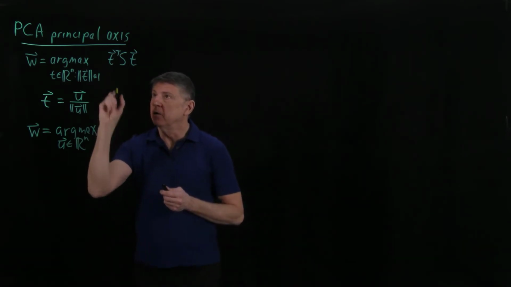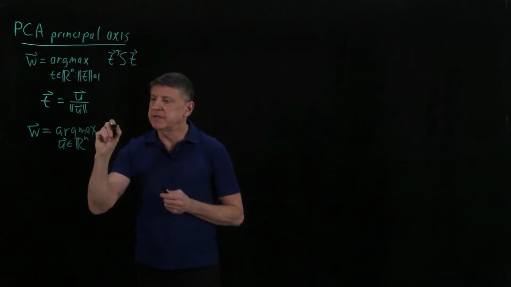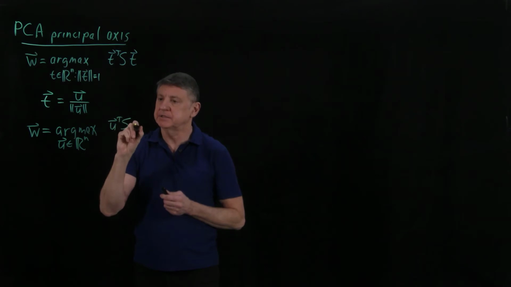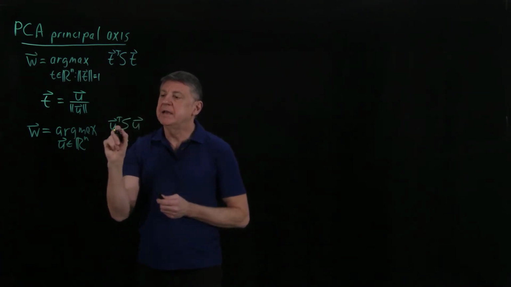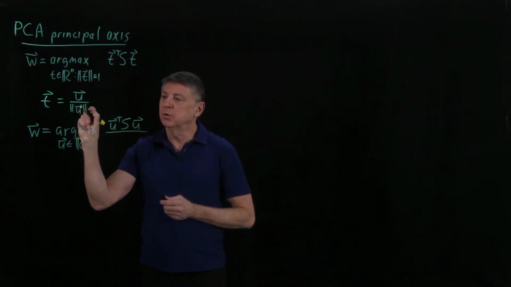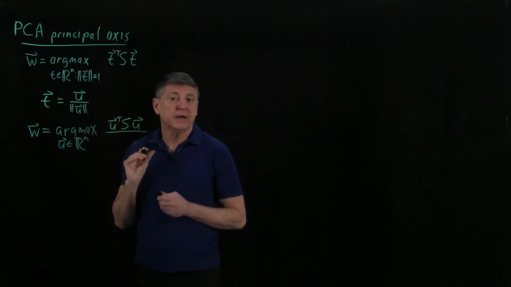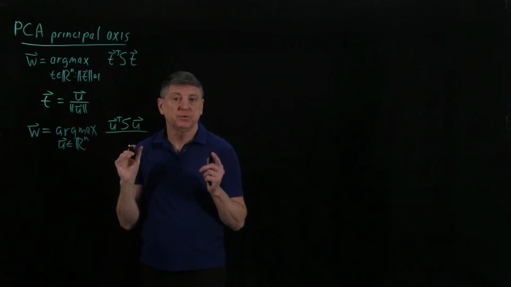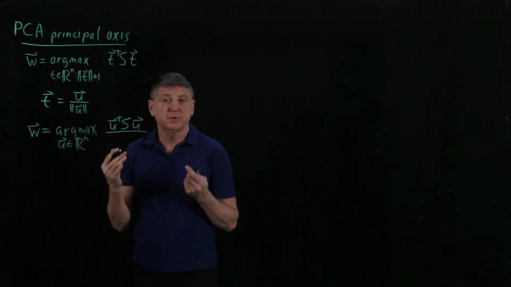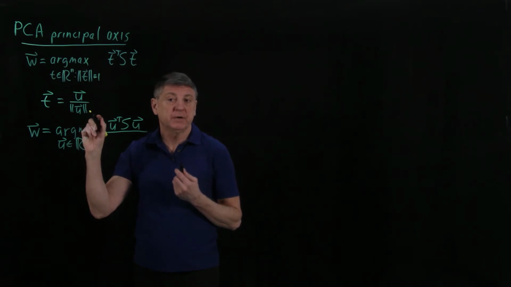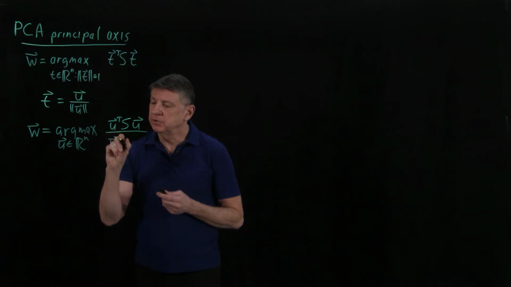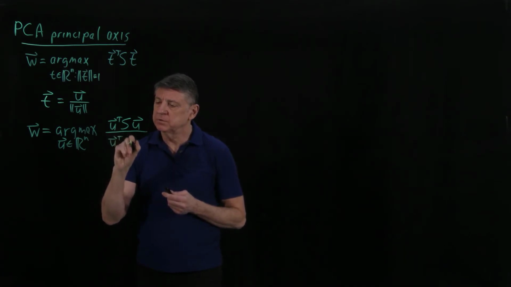We can represent this as u transpose S u, and now I have to divide by the square of the norm of u. One way to do that is to divide by u transpose u, because u transpose u is the squared ordinary norm.